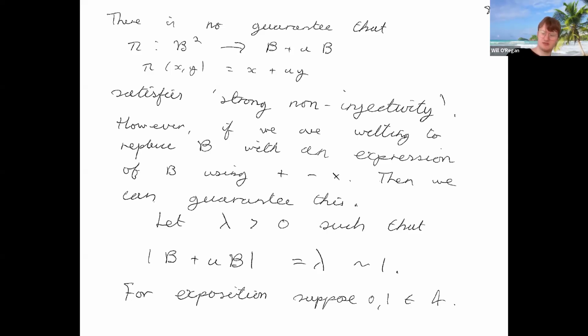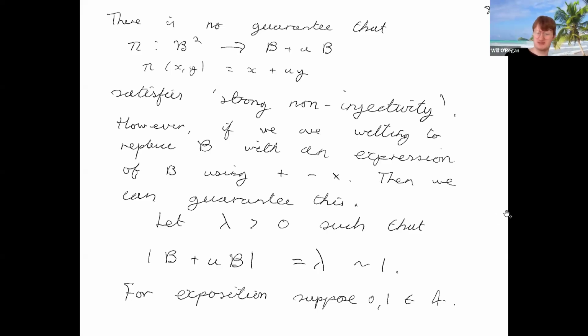So, how do we do that? Now I'm going to pick lambda, lambda for length, let's say, and that's going to be the Lebesgue measure of B cross B plus UB. And lambda is basically 1. It might be, I don't know, 1 over a million, but in my world and many people's world, that's essentially equal to 1, isn't it?